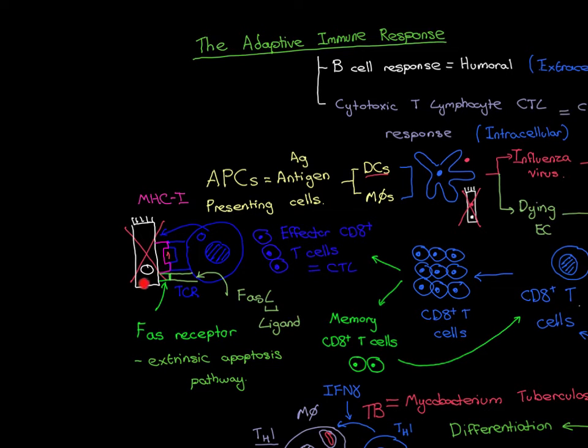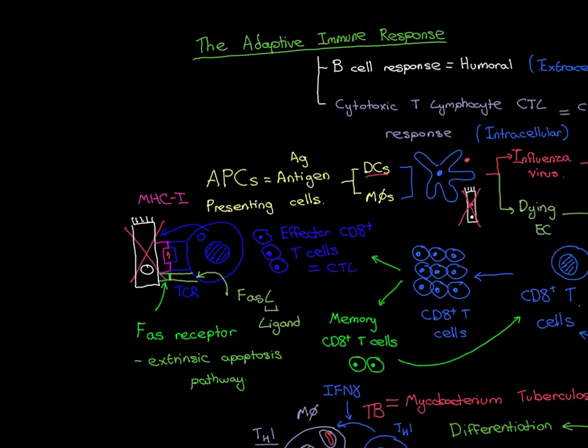And when they're virally infected, they will end up putting peptide fragments from the influenza viral antigens on their surface bound to MHC class I, and if this cytotoxic T lymphocyte finds the MHC class I peptide fragment complex that it's directed against, it will bind to the cell, and then it will kill that cell through perforin granzyme mechanisms and Fas ligand mechanisms.